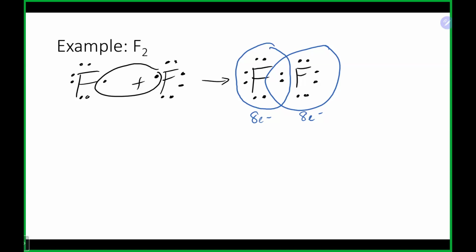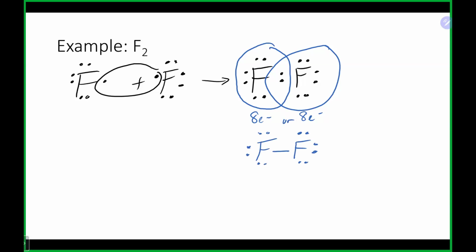By the way, just like on the other one, you can represent the bonding electrons, the ones that are being shared, with a line, and the other ones with dots. So you can also draw this like so. Any questions on that there?